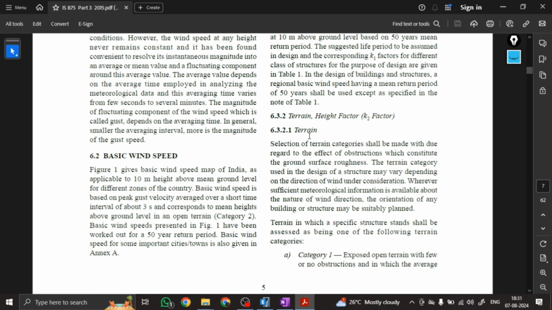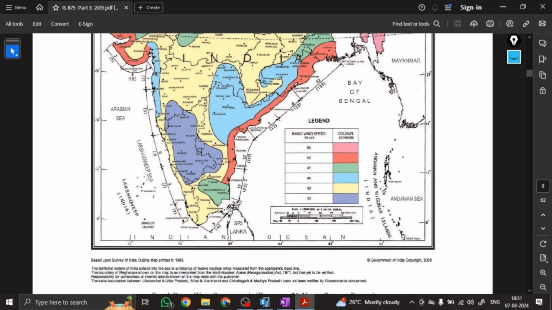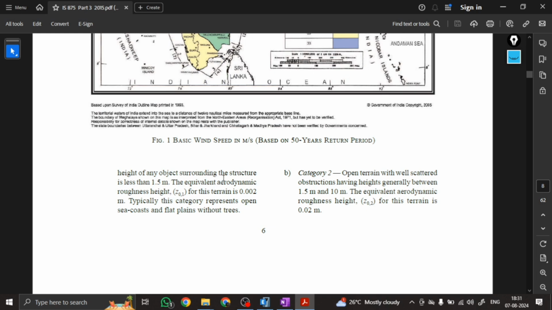Okay. Now, in this we have 4 categories. Category 1 is exposed to open terrain with few or no obstructions, in which the average height of any object surrounding the structure is less than 1.5 meter. Means in category 1 we have obstructions less than 1.5. In category 2 we have obstructions of 1.5 to 10 meter.